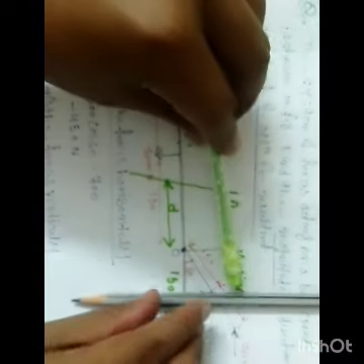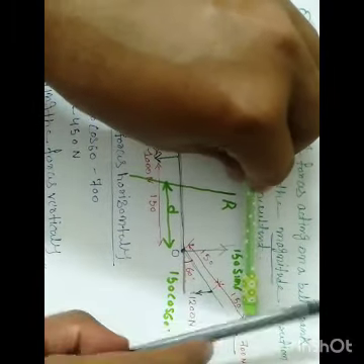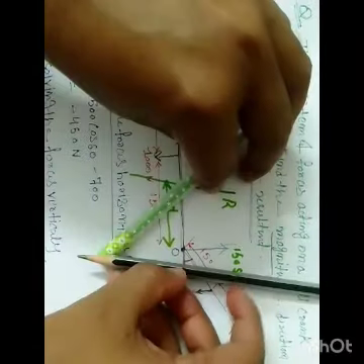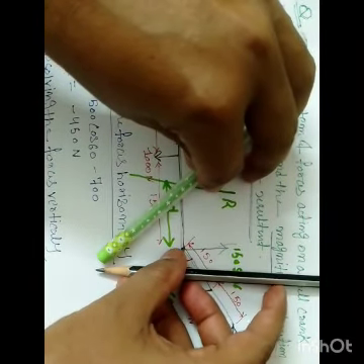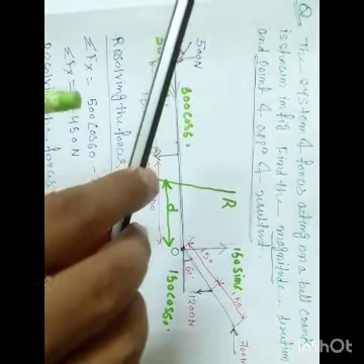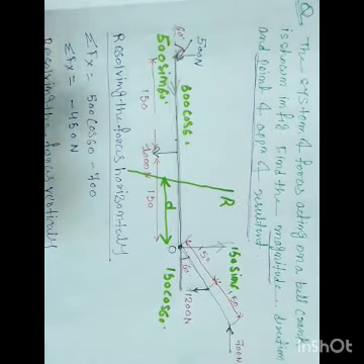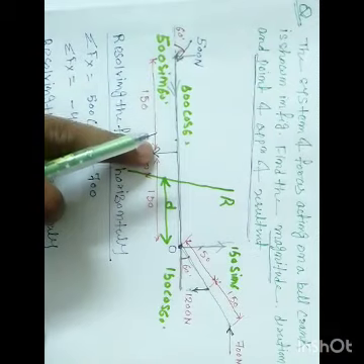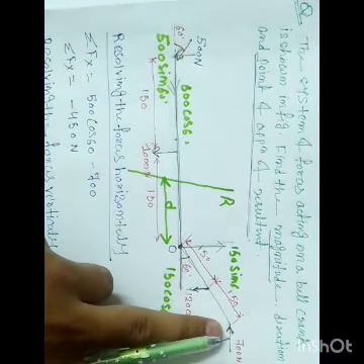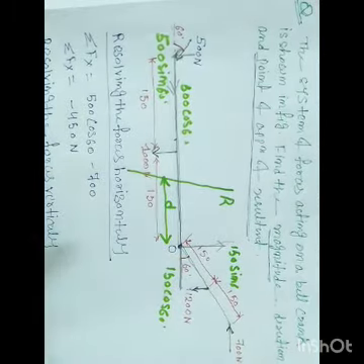But if I take this vertical force and this distance, this is clockwise, and the other will be anti-clockwise. You know the moment is negative for clockwise and positive for anti-clockwise. So the moment about this and this will be positive, and this is negative, because it gives clockwise rotation.